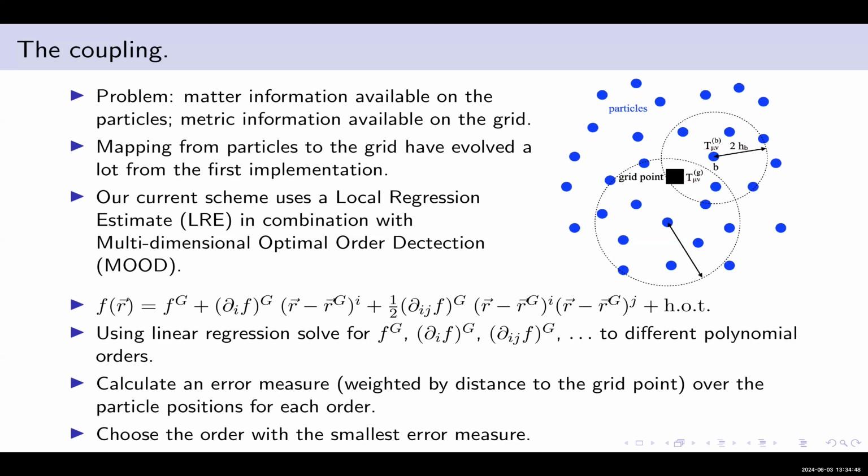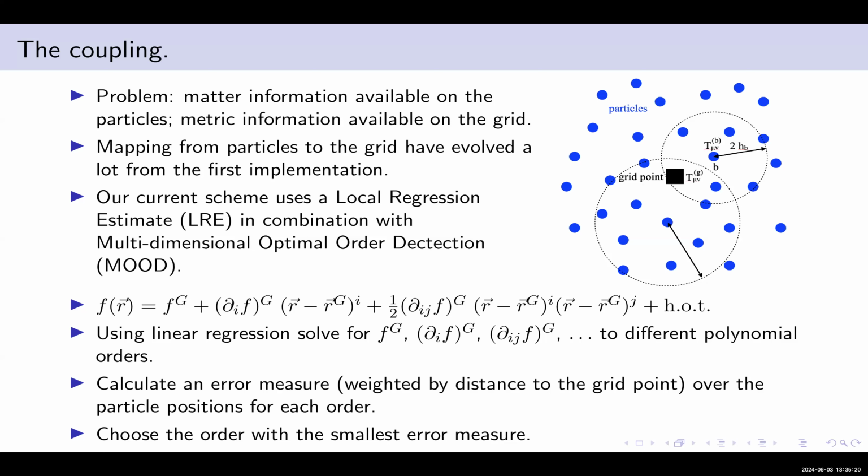And then because you have more particles than unknowns, the unknowns here are the value at the grid point and the derivatives at the grid point, you can use linear regression to solve for these quantities to different polynomial orders depending on what you want.